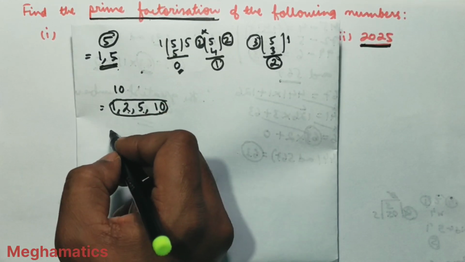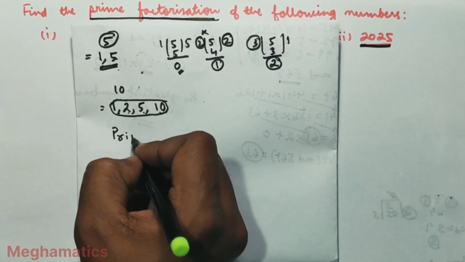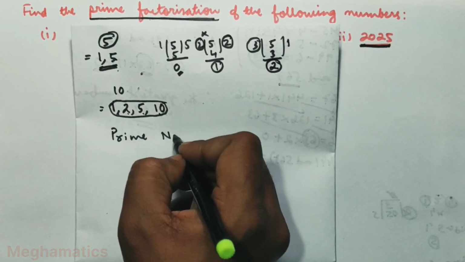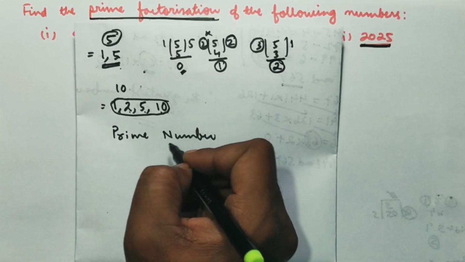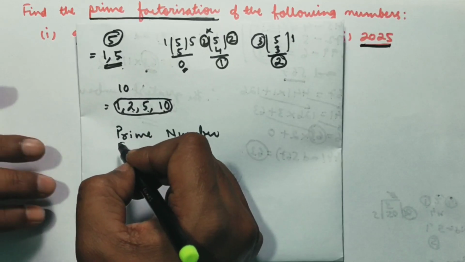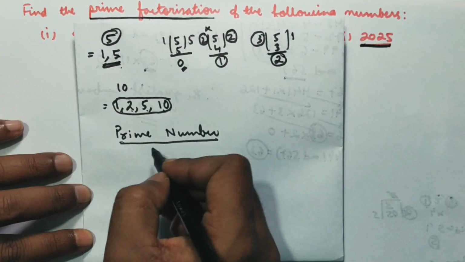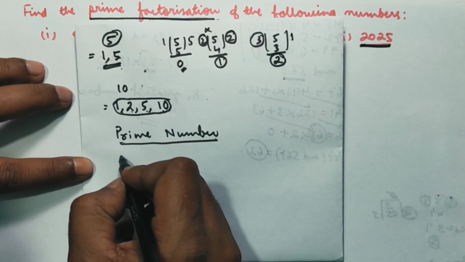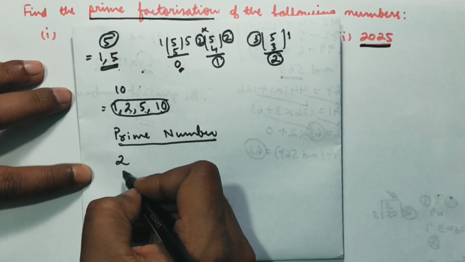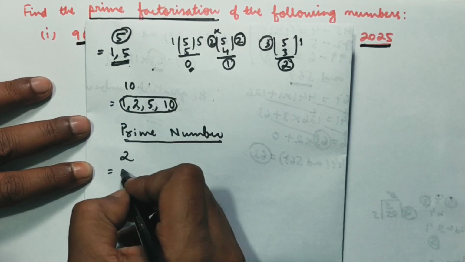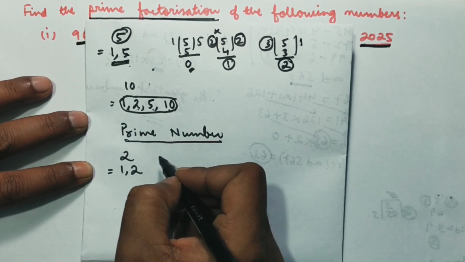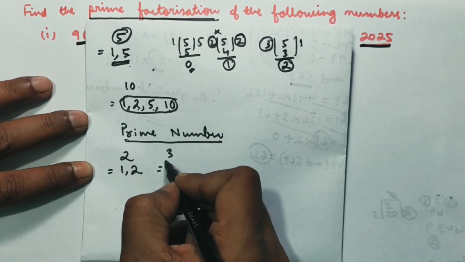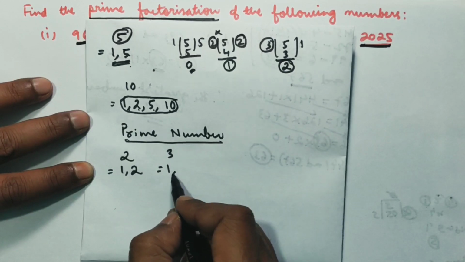Now if we talk about prime numbers, suppose 2. The factors of 2 are 1 and 2. The factors of 3: 3 is divisible by only 1 and 3.